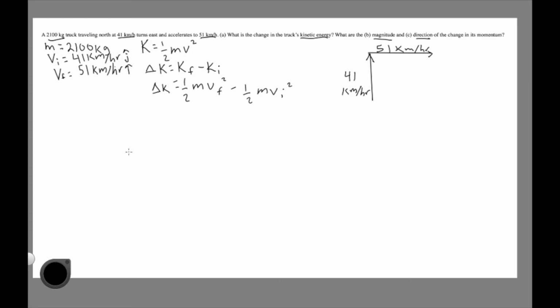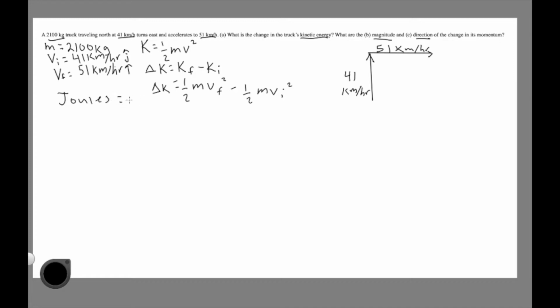And basically, we want to convert kilometers per hour to meters per second because we want to find the change in kinetic energy, and kinetic energy is going to be in joules.